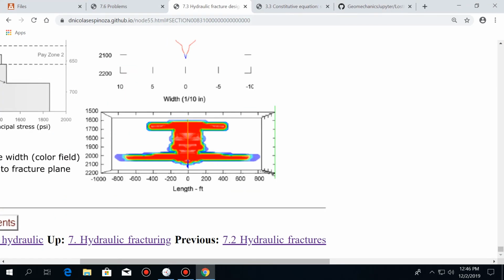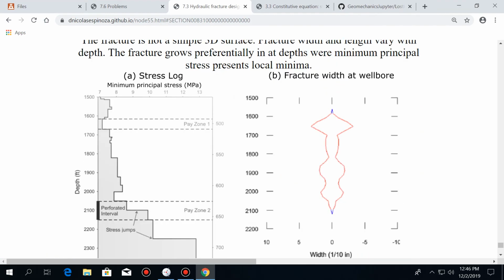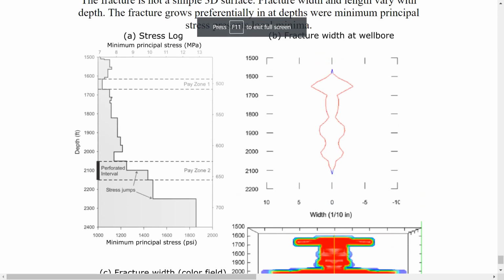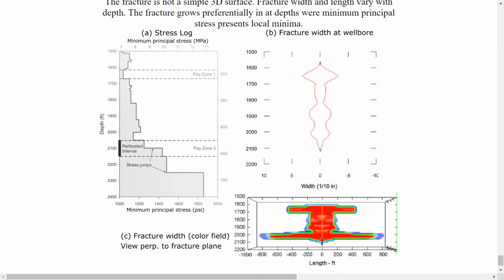So here I have one example in which we have a prediction of the minimum principal stress. We see that it varies as a function of depth. And in this case, there are perforations at this depth, 2,100 feet. And what this hydraulic fracture simulator predicts is that because stresses decrease as you go up, if you start here, the fracture will not go down, but will rather go up.